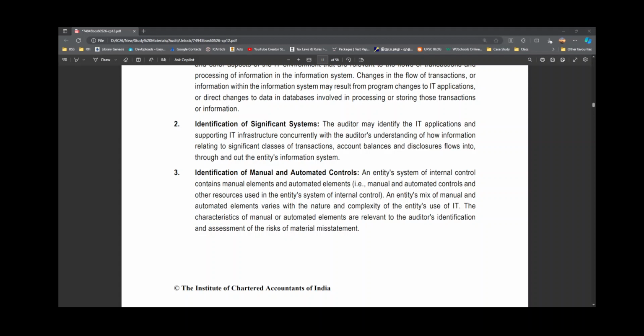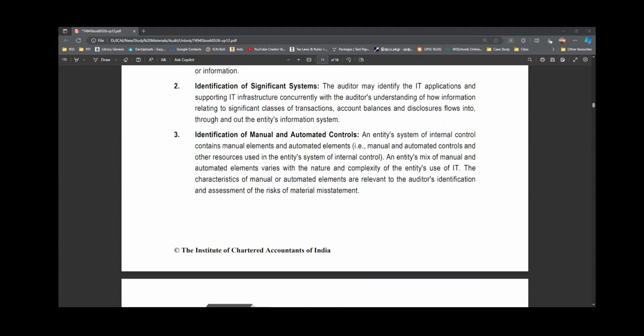Understand how information relating to significant classes of transactions, account balances and disclosures flows into, through, and around the entity's system. So identify the solutions and the supporting IT solutions. How are the supporting solutions defined?